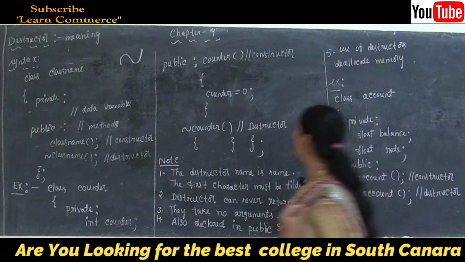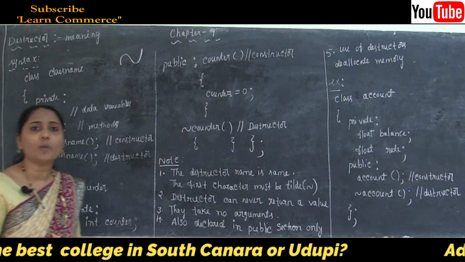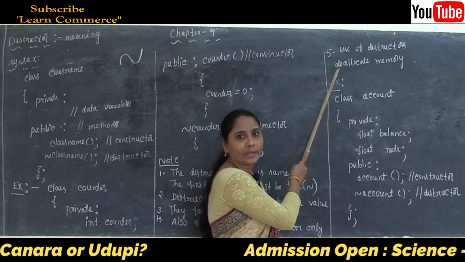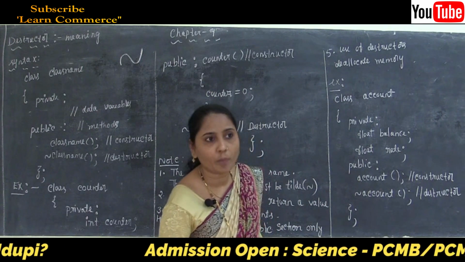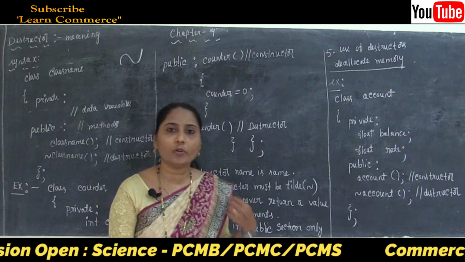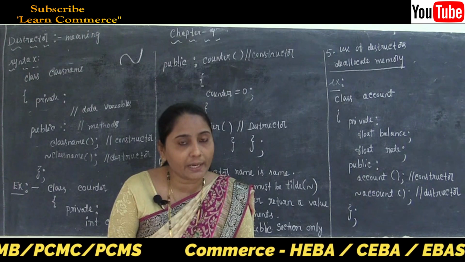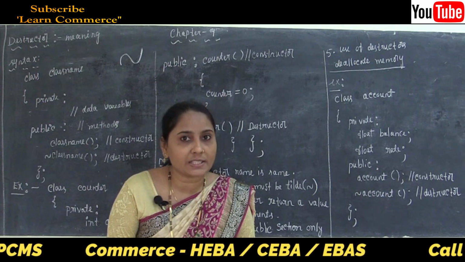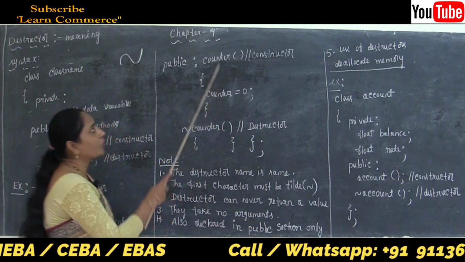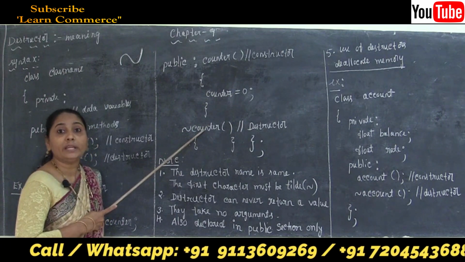And the last point, the common use of destructor. So what is the common use of destructor? The common use of destructor is to deallocate the memory. Clear this point? So what do you mean by deallocate the memory? That means whatever memory was allocated for the object by the constructor is going to be deallocated.